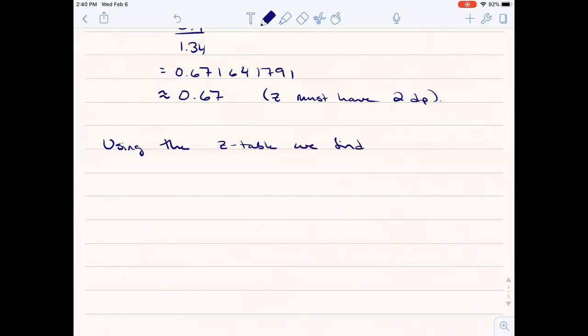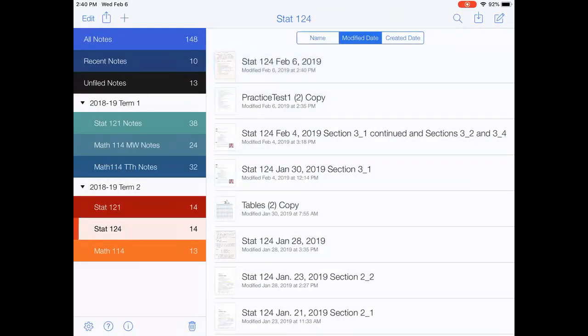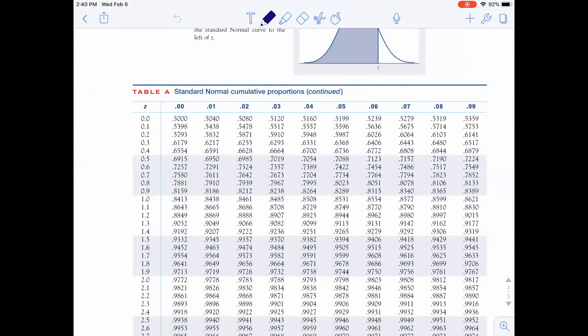We find the area to the left of Z equal to 0.67 is 0.7486, was that right? Let me just check because I don't remember. 0.7486.